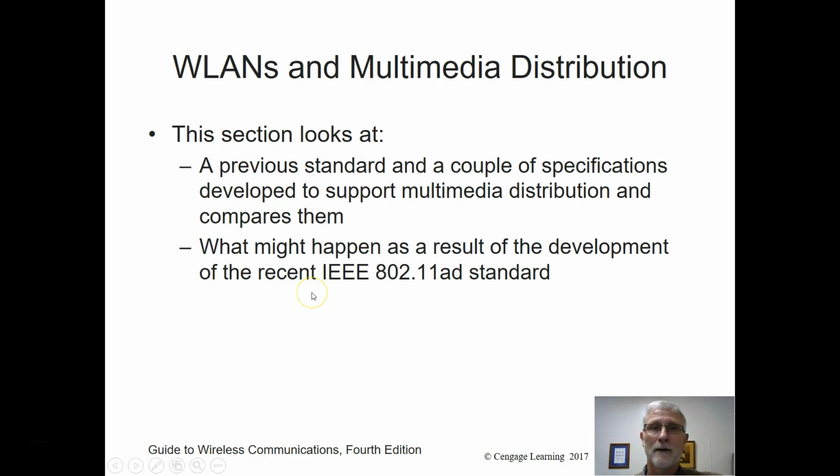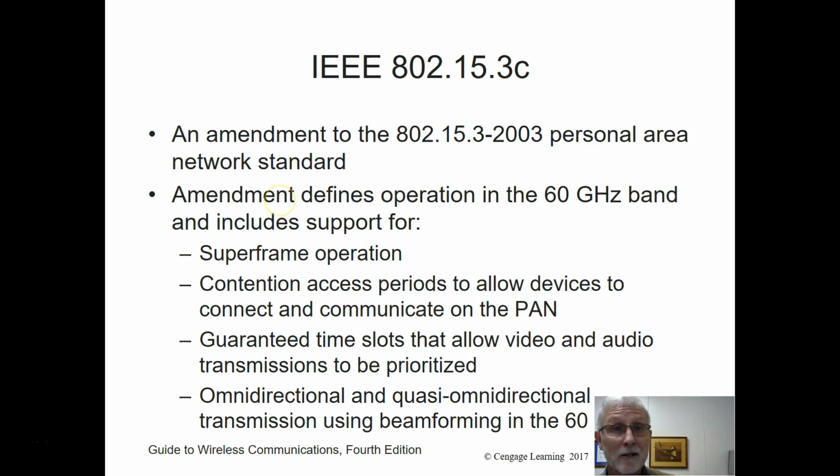Now, what happens if I've got wireless LANs and multimedia? There are a couple of different systems or protocols out there. It may be that the 802.11ad standard might help with that. 802.11c says I want to start getting the 6 gigahertz band of spectrum, allow bigger frames to be transmitted, handle contention access a little bit better, and maybe guarantee some time slots for audio and video.